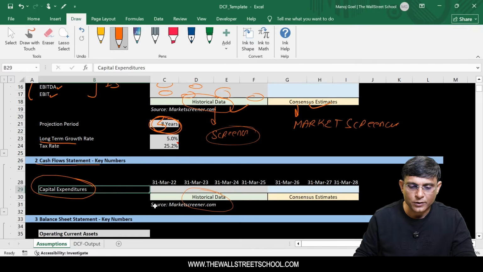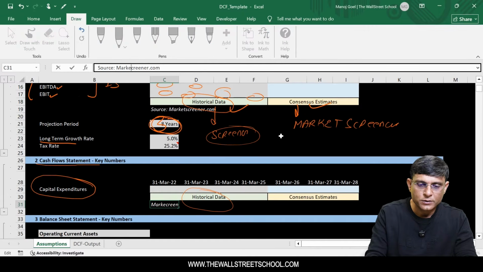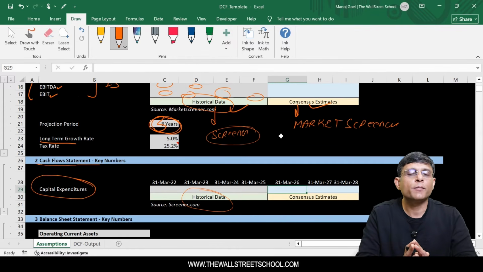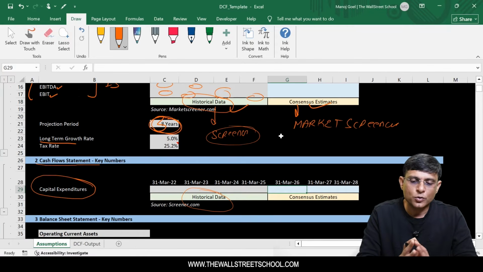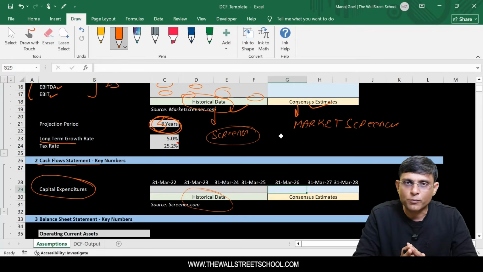The source would be Screener, so let me correct this. And for the future, we can either take it from Market Screener or do the estimation ourselves. So future capex would be whatever you estimate. If you have your own estimation, you can put it here, or you can take it from Market Screener, fine.